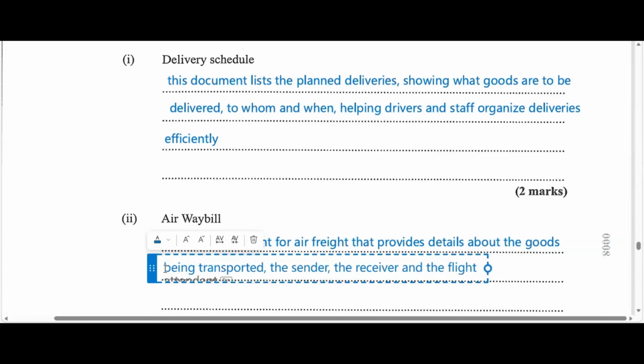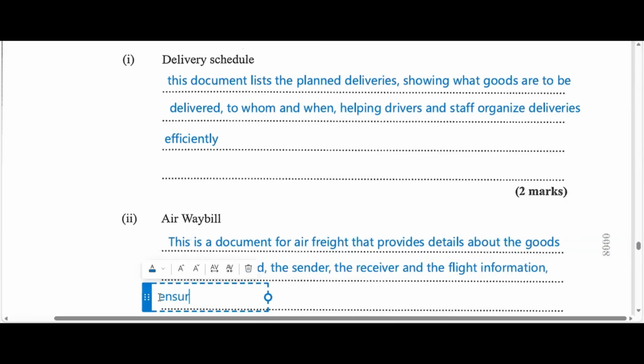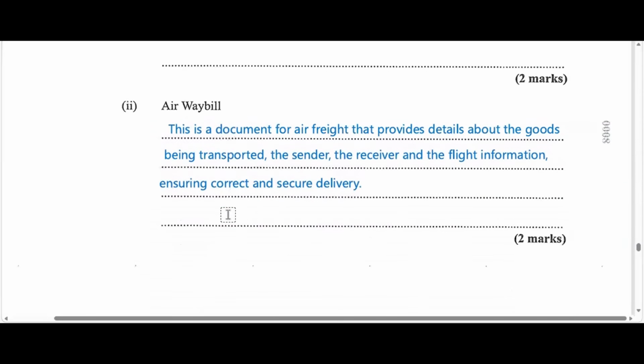This is when the goods are coming by aeroplane. Beautiful. All right. 2 marks each.